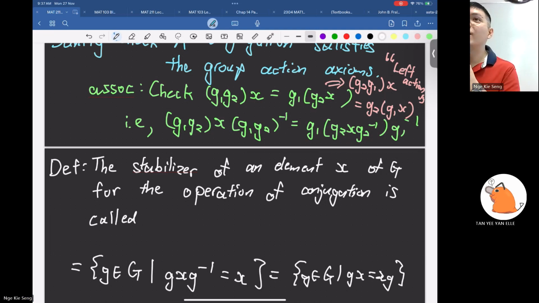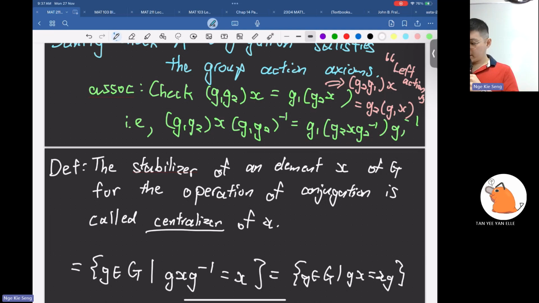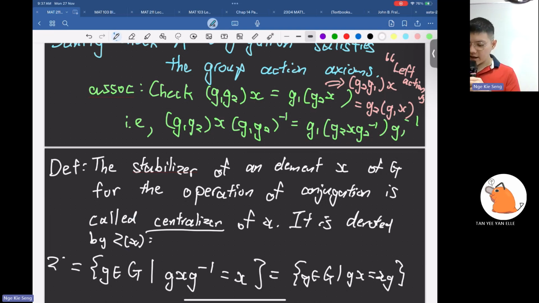Commutator? This is not what we call the commutator. This is the property of a center. So this is what we call a centralizer of x. It is denoted by Zx. So for a fixed x, you can consider the centralizer.